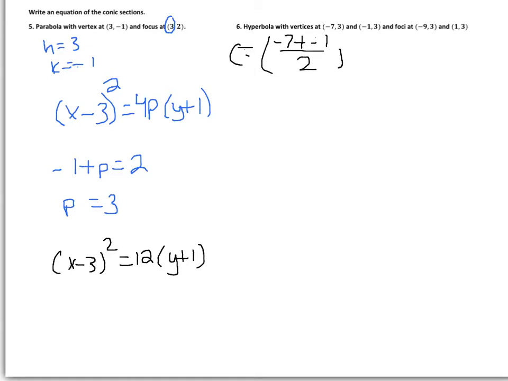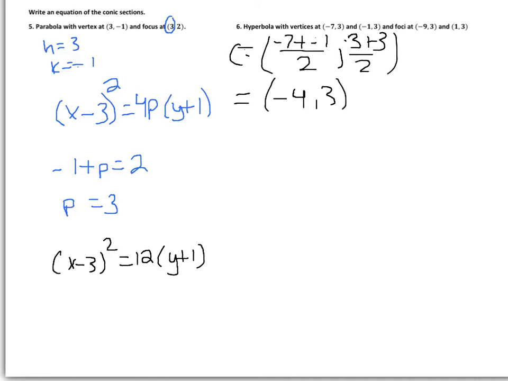So you can do (-7 plus 1) divided by 2, comma, (3 plus 3) divided by 2. So I get (-4, 3). So I now know h is -4 and k is 3.